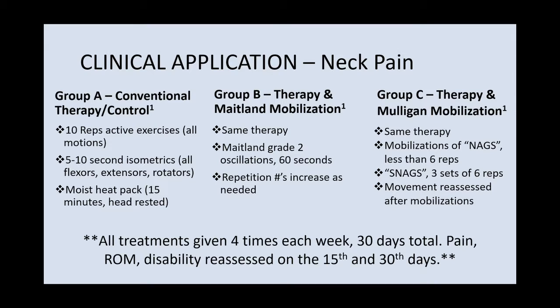All these treatments were given 4 times each week, 30 days total of treatment for all groups. Pain, range of motion, and disability were reassessed on the 15th and the 30th day of treatment, as well as, remember, it was all assessed before the study even began.